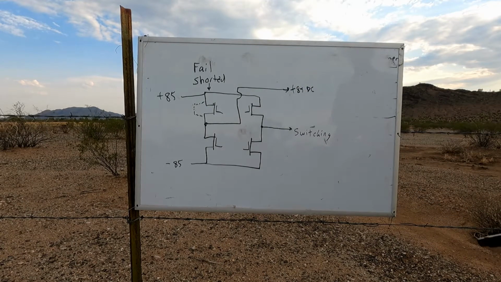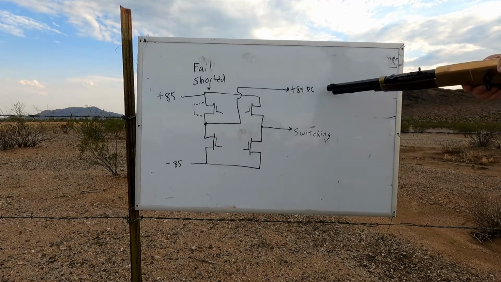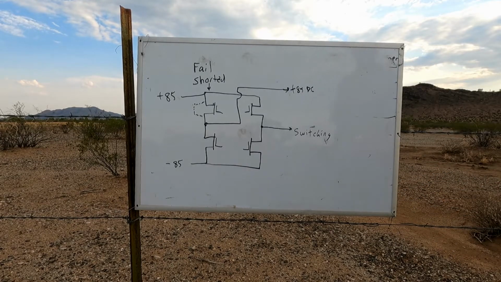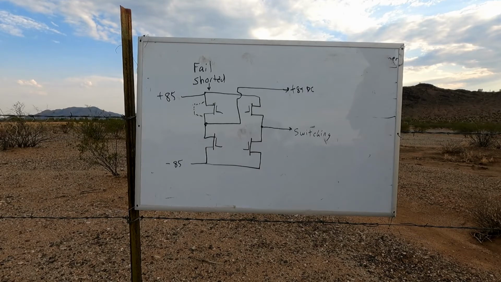And the danger here is that you're now putting DC, high voltage, high current DC, out onto the power line that goes into the house. I can hear it already, but that should trip a breaker. Well, you know what? If you're really lucky, in a lot of cases, that's exactly what's going to happen.